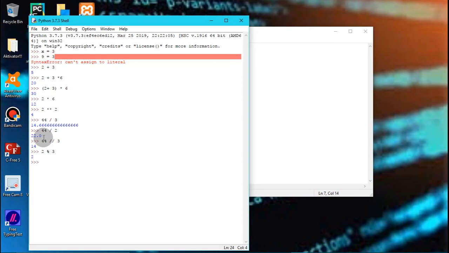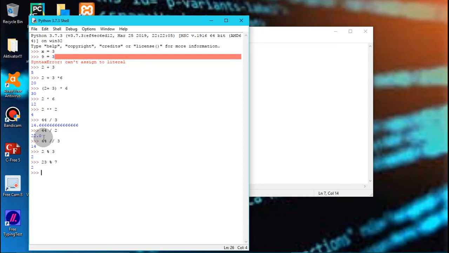Let's say 23 modulo 7. See, we got 2, because 23 in 7 has a remainder of 2. So this is the remainder that is given back to us.